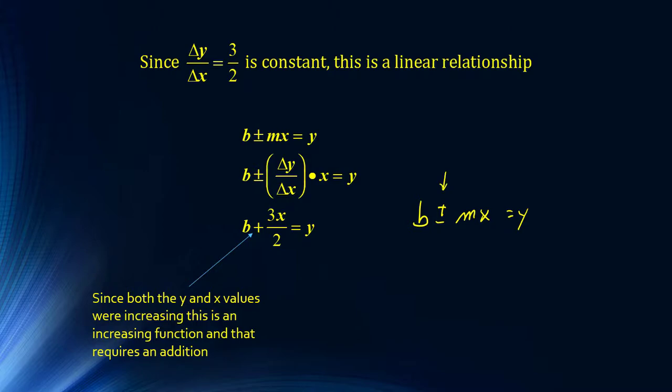If we have an increasing function, that simply becomes b add mx. Likewise, if we had a decreasing function, that plus or minus sign would become a subtract mx in that equation.